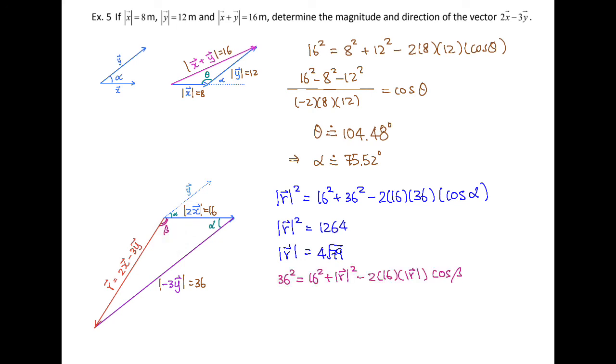By using the cosine law again, isolating for cosine beta and taking the cos inverse, you will get beta is approximately 78.64 degrees. Therefore, we say the resultant, which is 2x minus 3y, equals 4 square root of 79, which is the magnitude, with the direction 78.64 degrees to vector x.